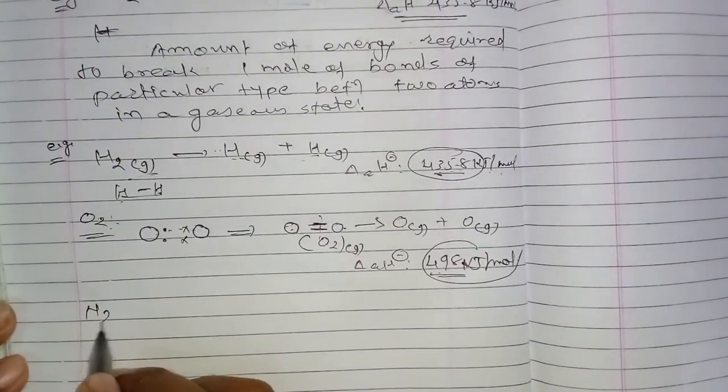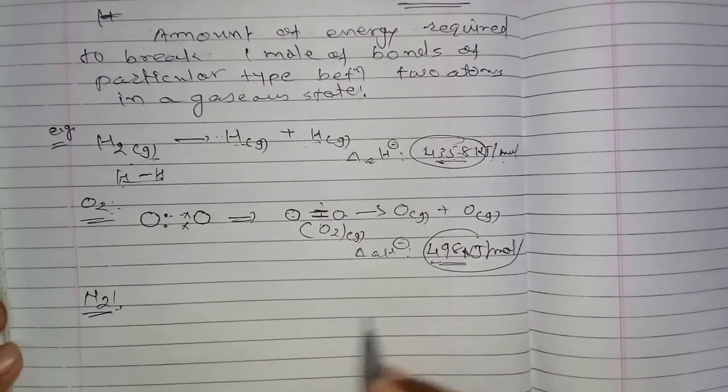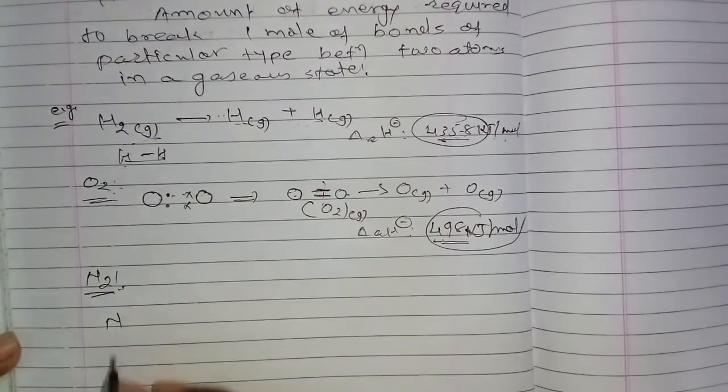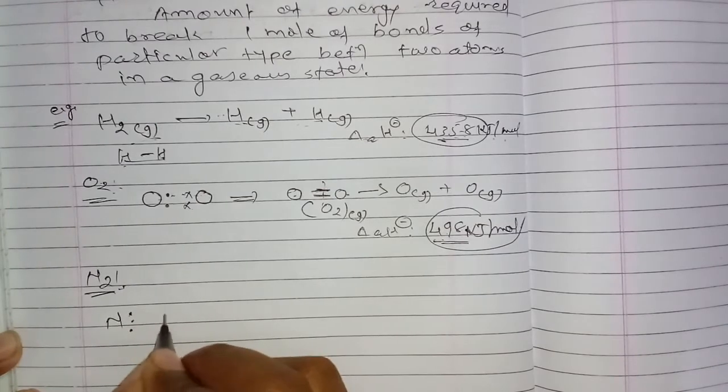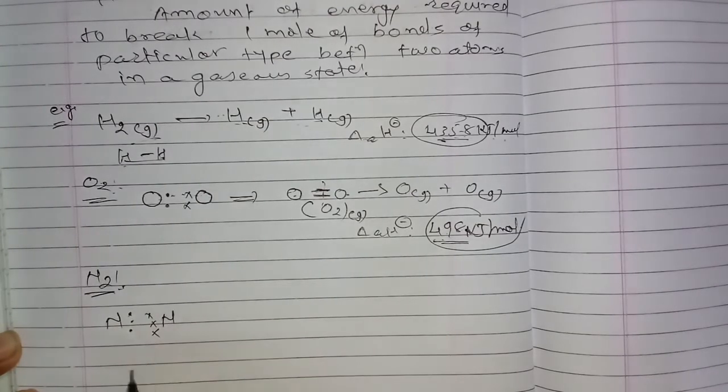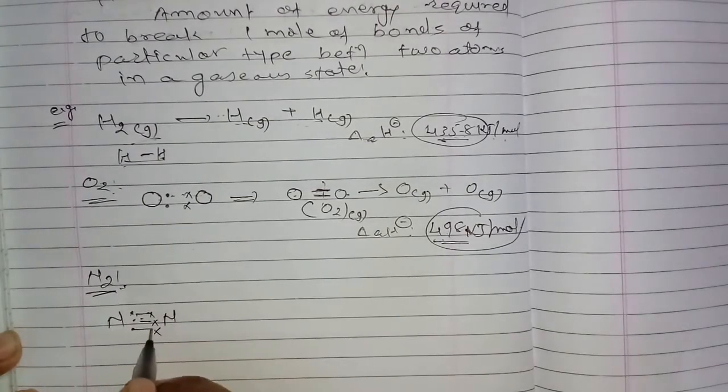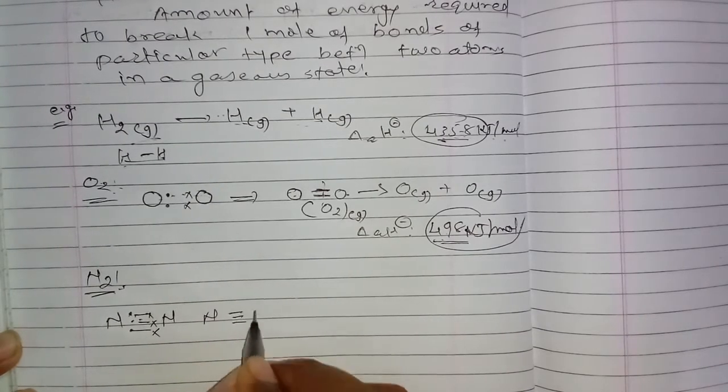For the nitrogen molecule, each nitrogen atom has 3 unpaired electrons. They share 3 electrons and form a triple bond.